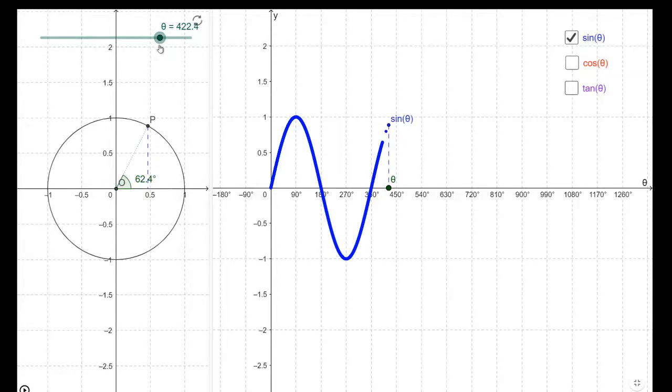So see, 480 degrees, 500 degrees, 585 degrees, 620 degrees, 700 degrees, 720 degrees. 720 degrees means we have to come back here again. 360 plus 360 is 720. See the shape of the graph?